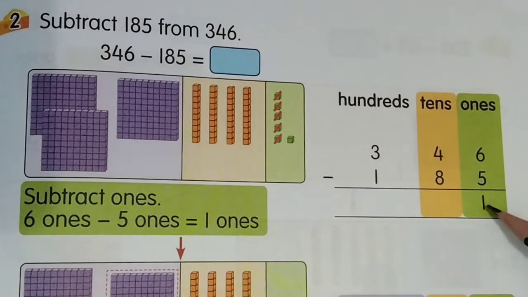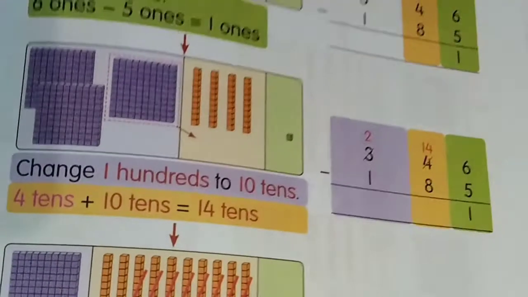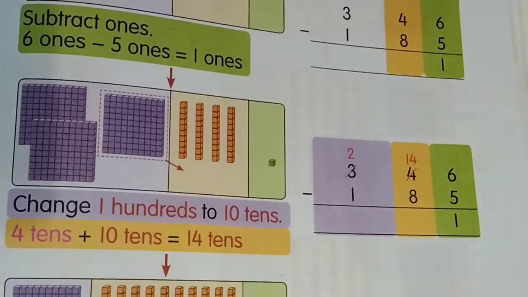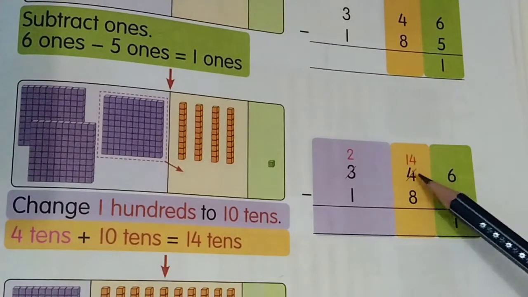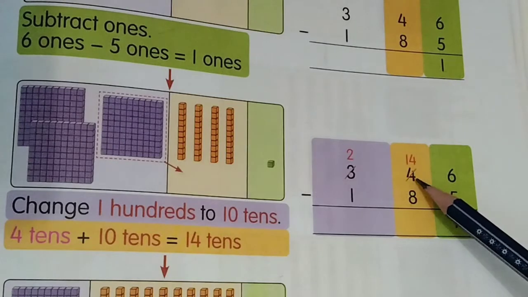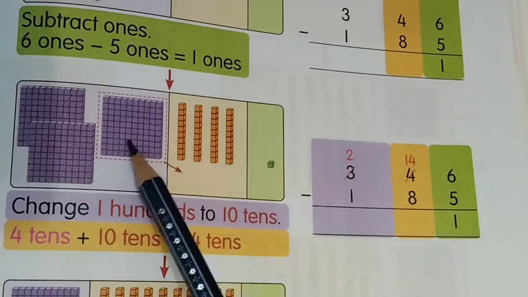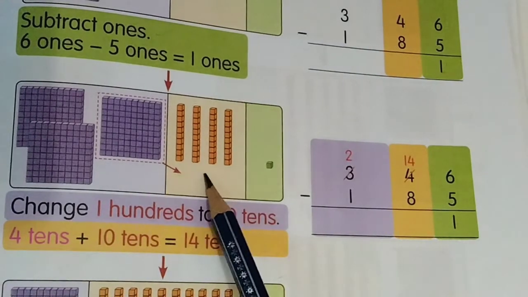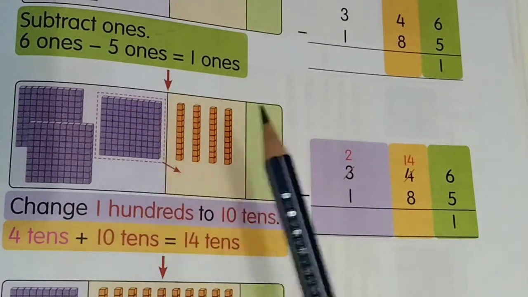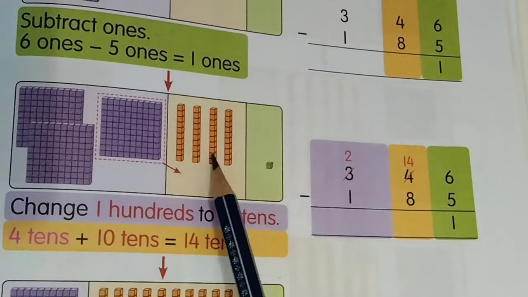And then look at the next picture. We continue to the place value 10. 4 minus 8. You can't minus 8 from 4, right? So you have to borrow from the next digit. You bring this one to here, 100, and you're going to make it into the place value 10.